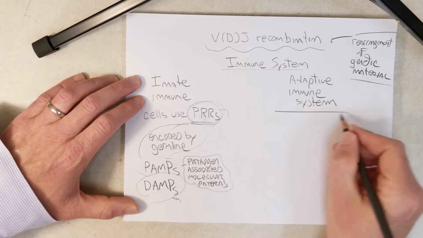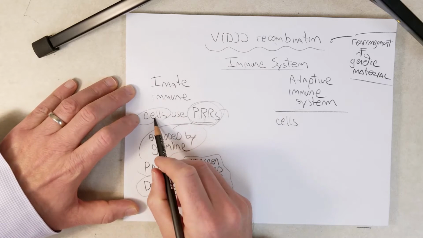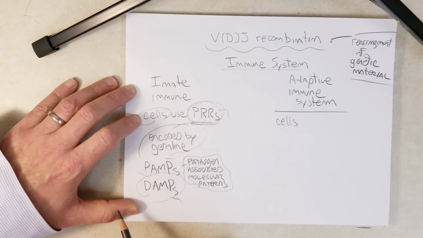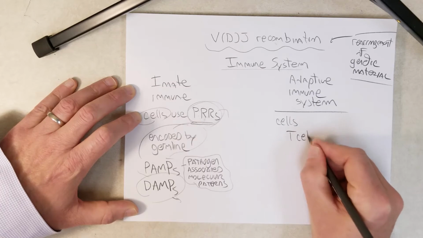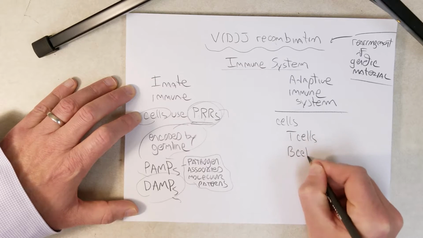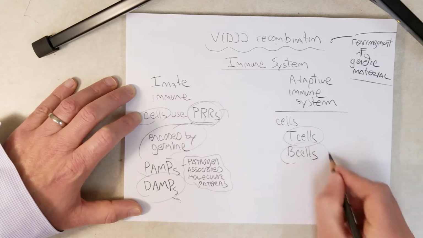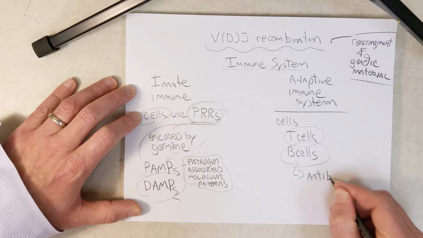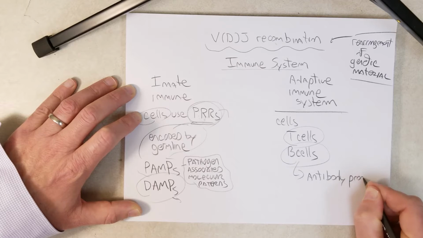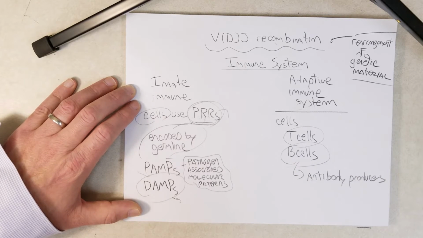Now, the adaptive immune system. I didn't go over the many different types of cells in the innate immune system, but the main cells in the adaptive immune system are going to be the T cells and B cells. I know very little about T cells. B cells, however, are going to be our antibody producers, and this is what I'm going to focus on in our course.